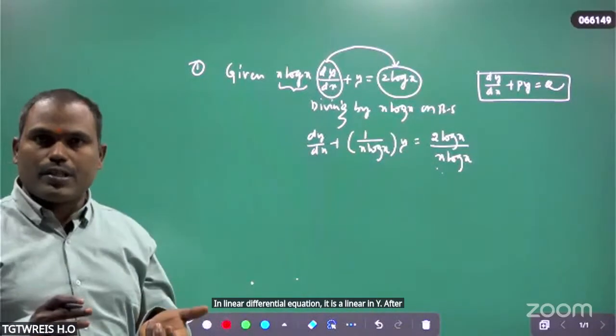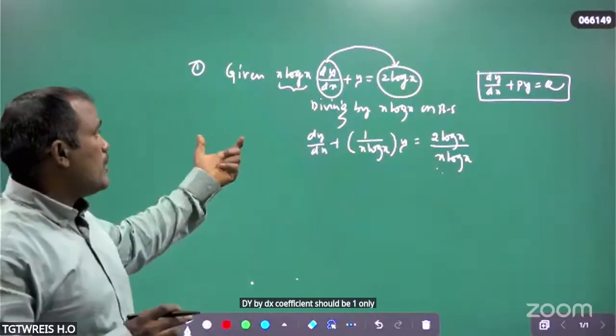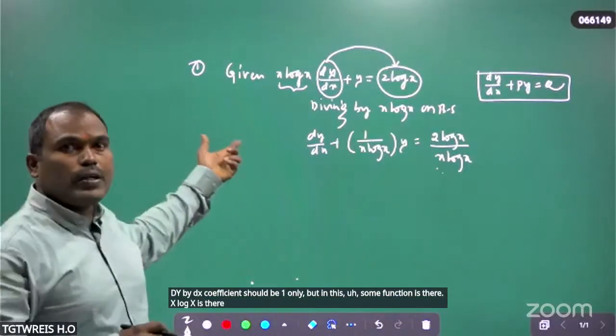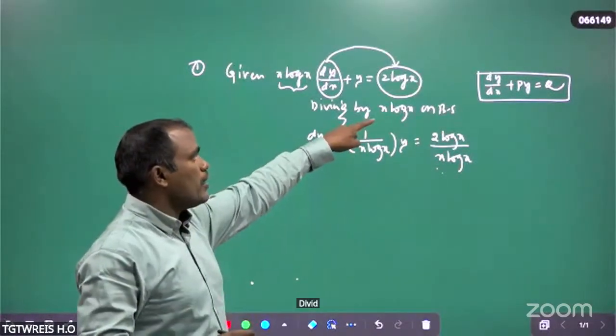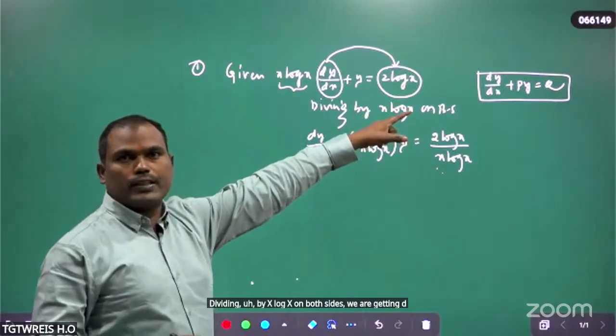After confirmation, the dy by dx coefficient should be 1 only. But here a function, x log x, is there, so we divide by x log x on both sides. We get the dy by dx plus py equal to q form.